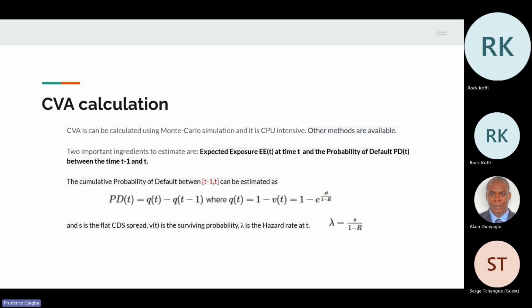So in our case, we want to compute the CVA on an American option, and so we will need the expected exposure and the probability of default. But note that the CVA can be evaluated with different methods.